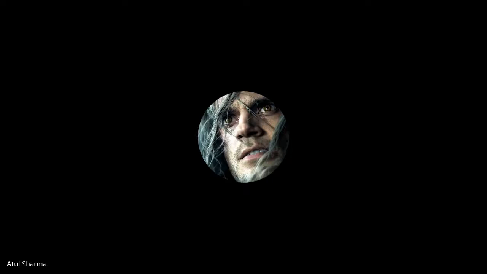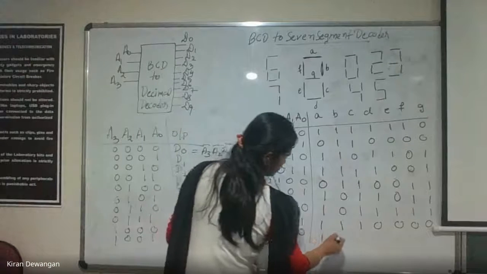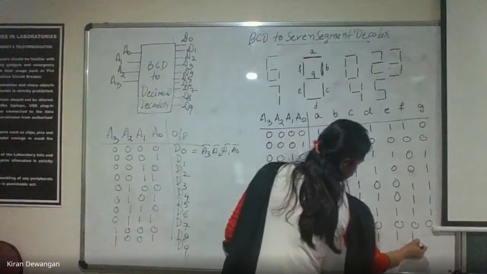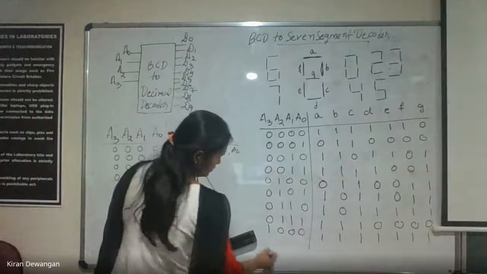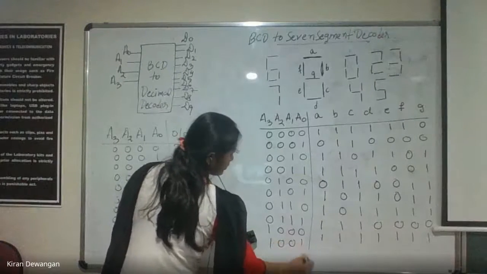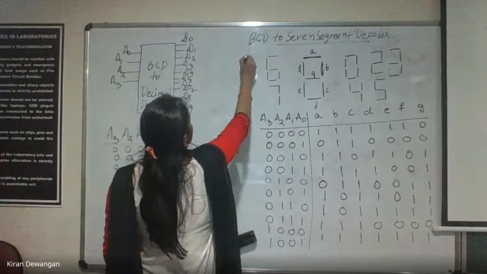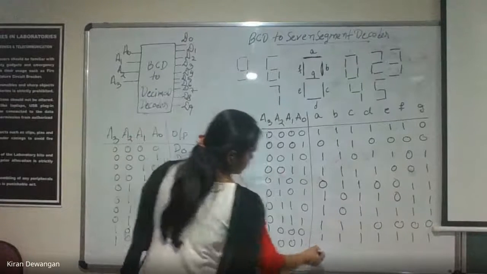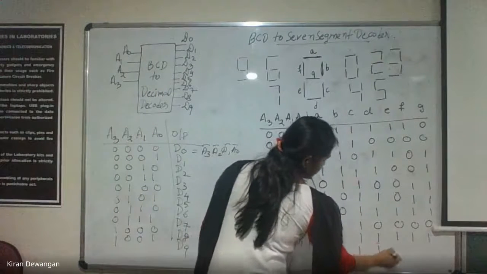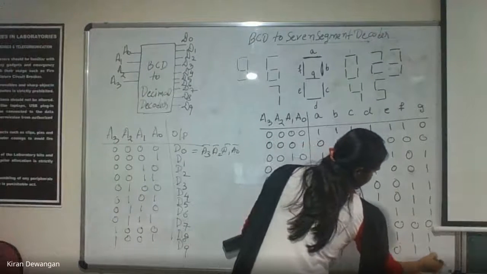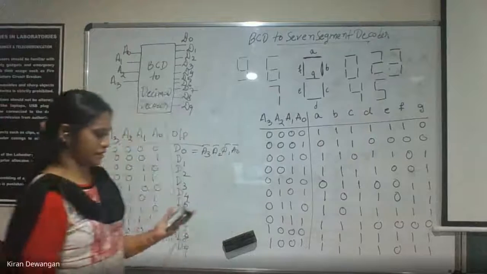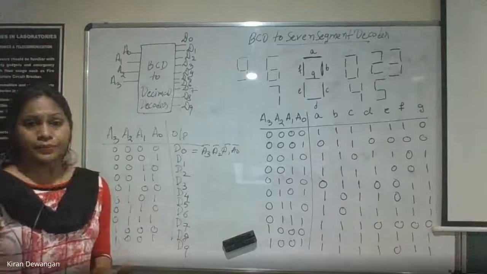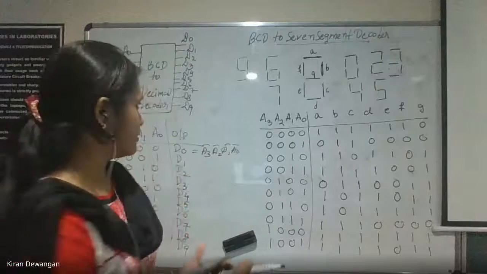All high. 9, E will be low. Only E will be low. A, B, C, D, E, F and G are high. Clear? अब इसको डिजाइन करना है.